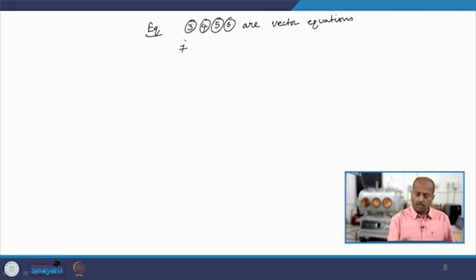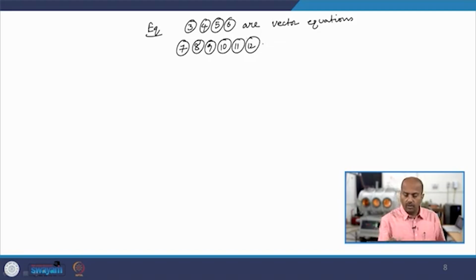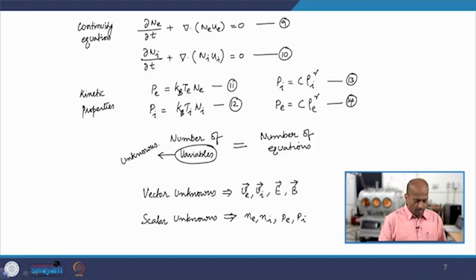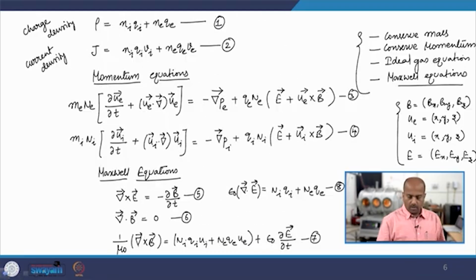And 7, 8, 9, 10, 11, 12, 13, 14 are scalar equations. Equation 1 is a scalar equation.